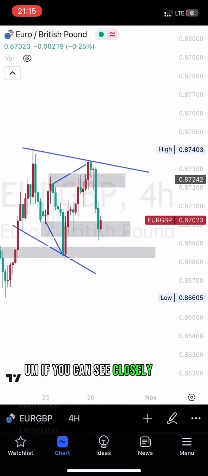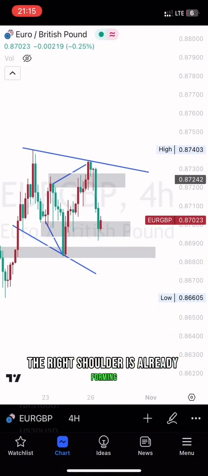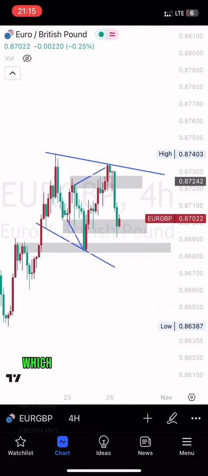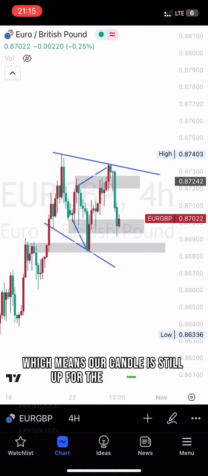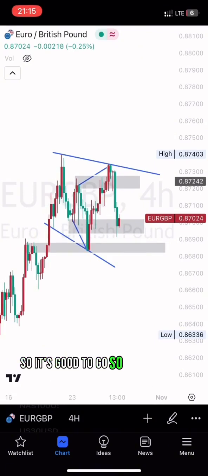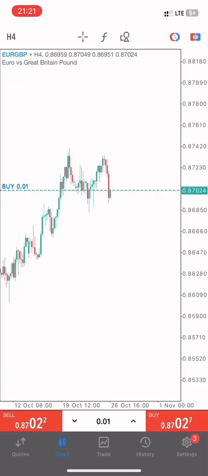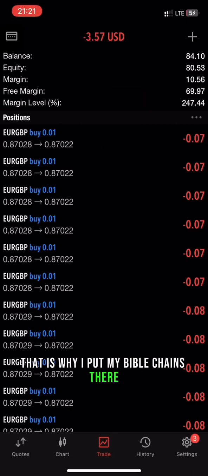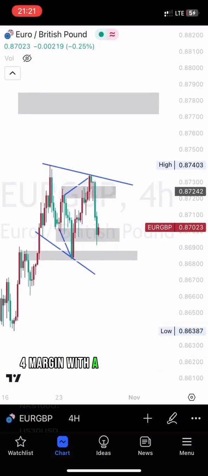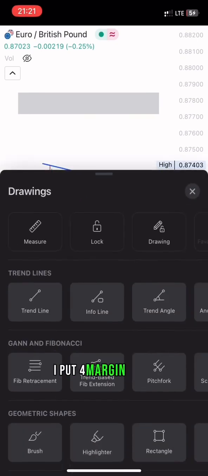If you can see closely there, the right shoulder is already forming, and this is the 4 hour, which means our candle is still up for the formation. So it's good to go so that we can enter again. We are still good to go, nothing to worry about. The right shoulder is about to form. That is why I put my buy positions there, full margin, with now an $84 account from 17. I put full margin there.